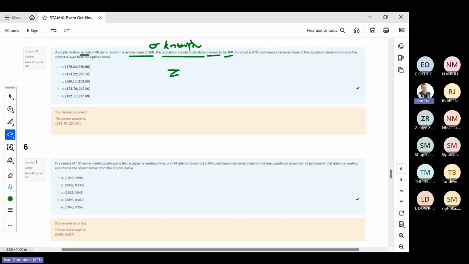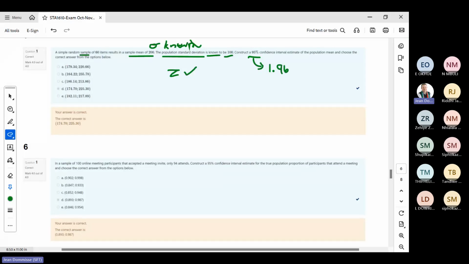So we know that it is a population standard deviation, so we're working with a Z. With a confidence interval of 95, we can say that Z is going to be 1,96.